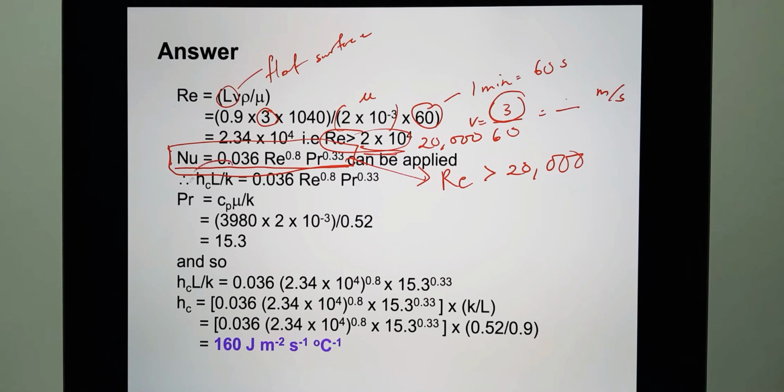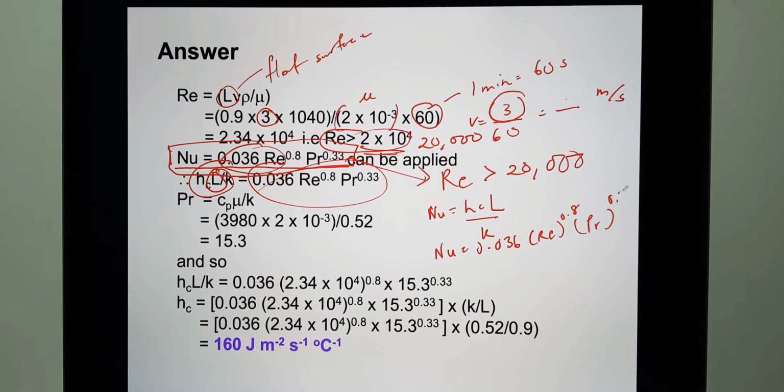Again, Nusselt, and this one also Nusselt, as I mentioned just now. Since we are talking about a flat surface, the diameter is replaced with length. So Nusselt equals hc L over K. And Nusselt also equals, from the one that we have chosen here, 0.036 times Reynolds to the power of 0.8 times Prandtl to the power of 0.33.